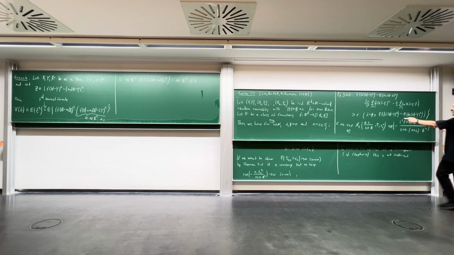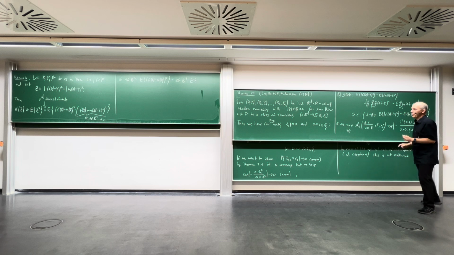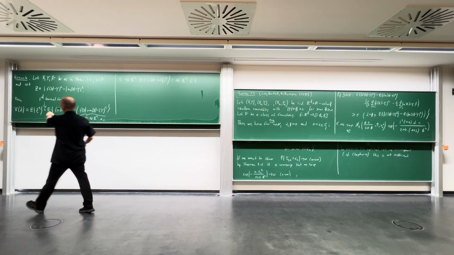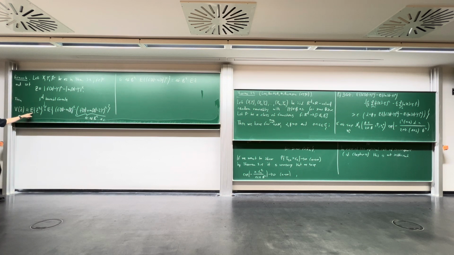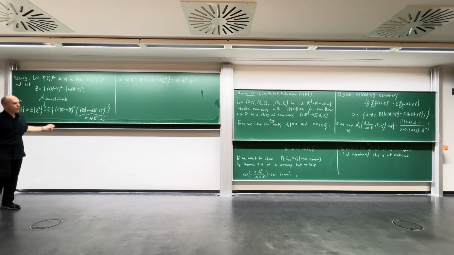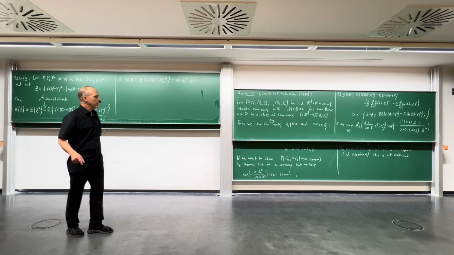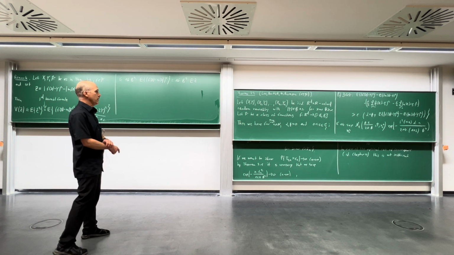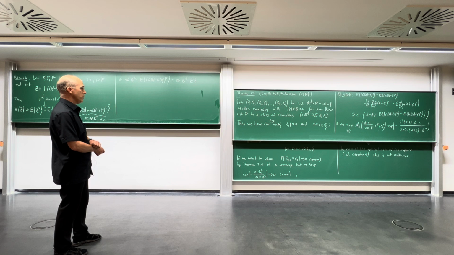Then we will replace this guy by the expectation of the square of... I don't see it at the moment. This is the expectation.